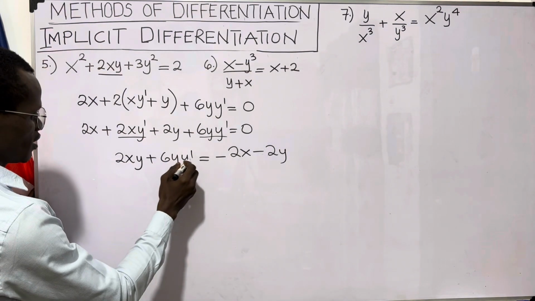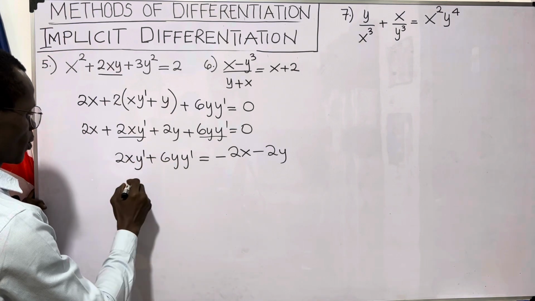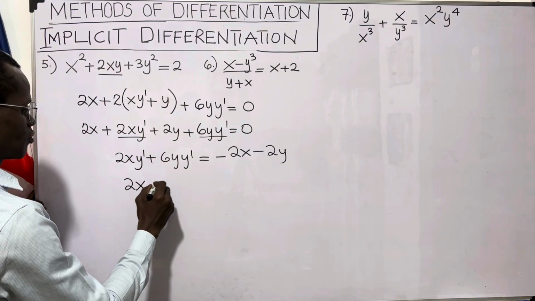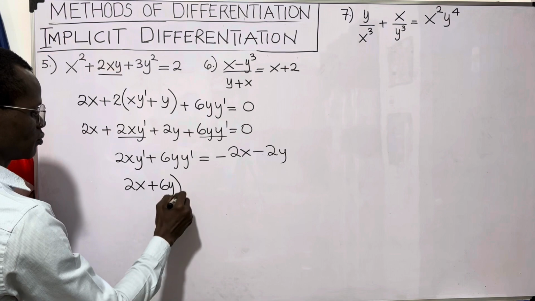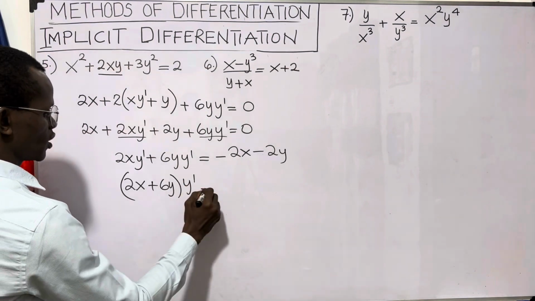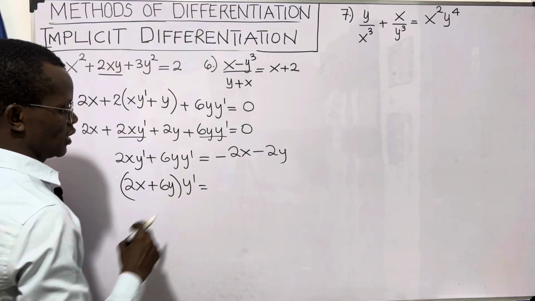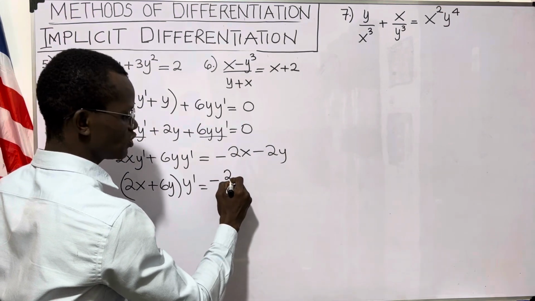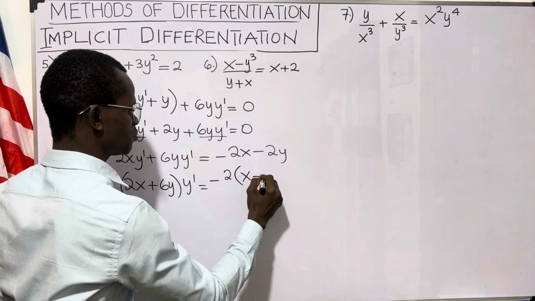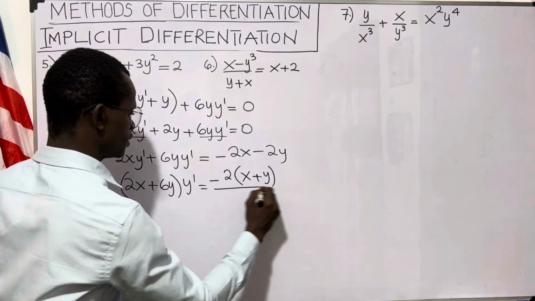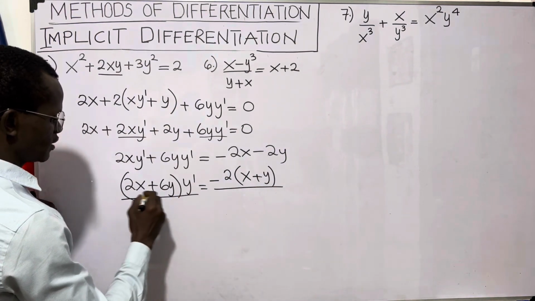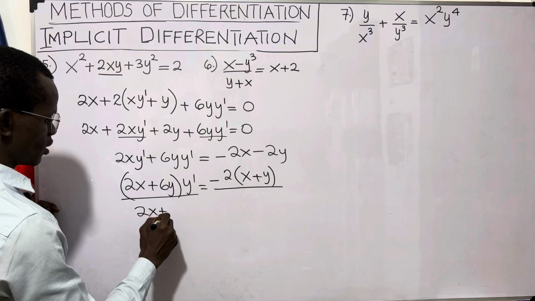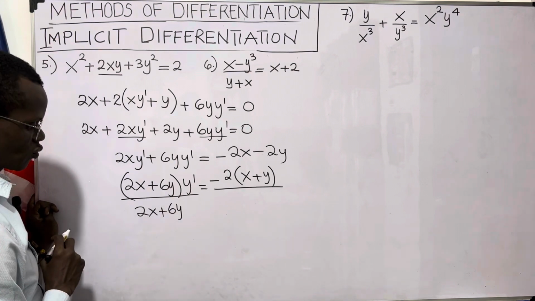So we can now factor out y prime. We have 2x plus 6y prime equals, on this side we have 2x and 2y, so we can factor out negative 2, left with x plus y, divided by 2x plus 6y.